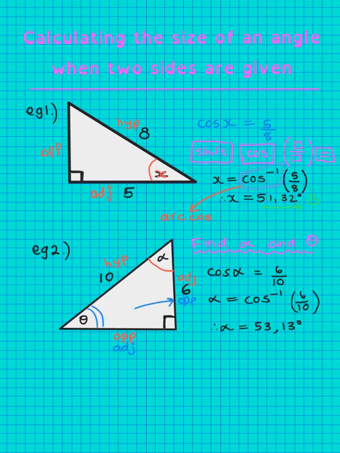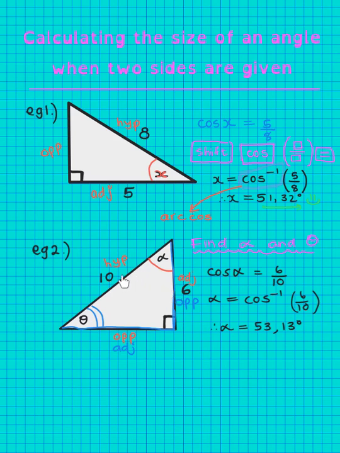So where your reference angle is is important, because the way you label your triangle will change. So 6 is now the opposite length, and this here is now the adjacent length, working from the reference angle theta. All right, so they've given me opposite, and they've given me the hypotenuse.